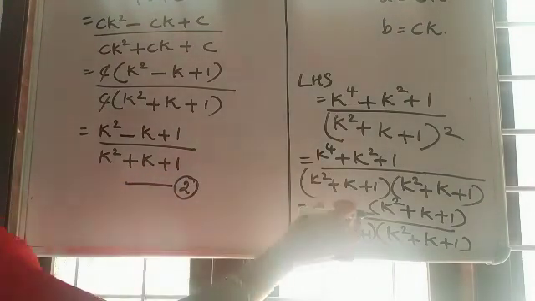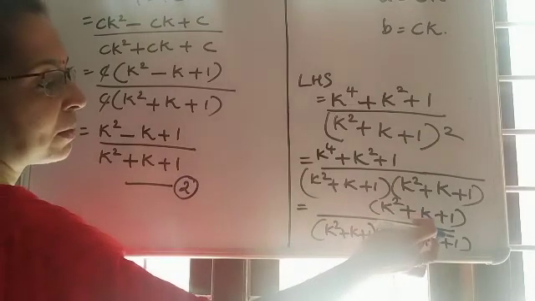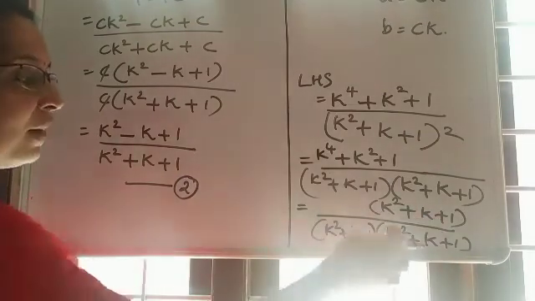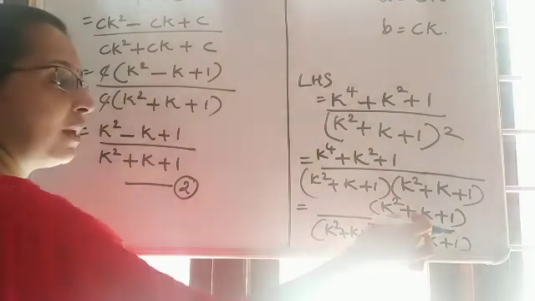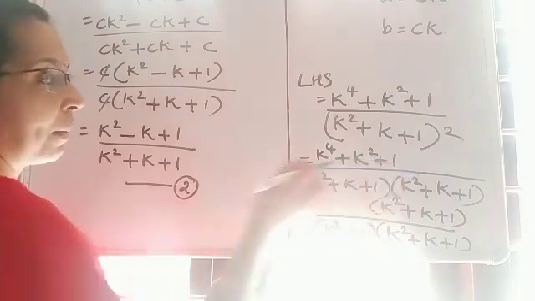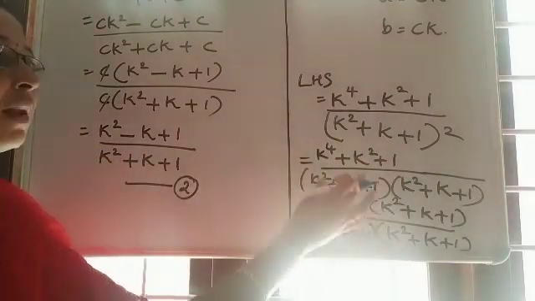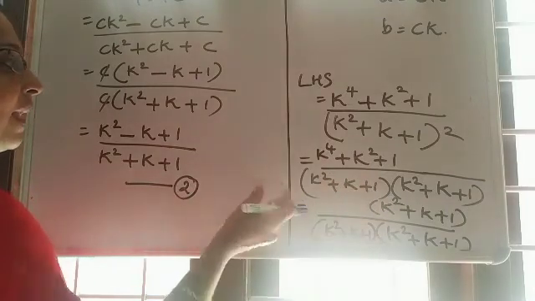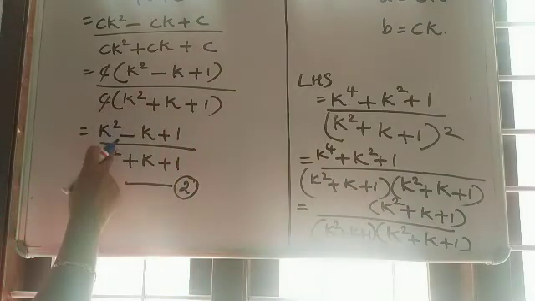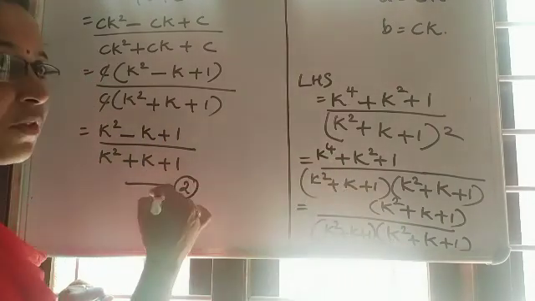If you are stuck with this, we want to cancel k square plus k plus 1 and k square plus k plus 1. Then we want to write k square plus k plus 1. We have k raised to 4 plus k square plus 1. If you don't know how to do this, let it be there and leave one line. Then do the RHS part and look at RHS part, k square minus k plus 1, k square plus k plus 1. So we want to equate that, no, equation 1 and equation 2.